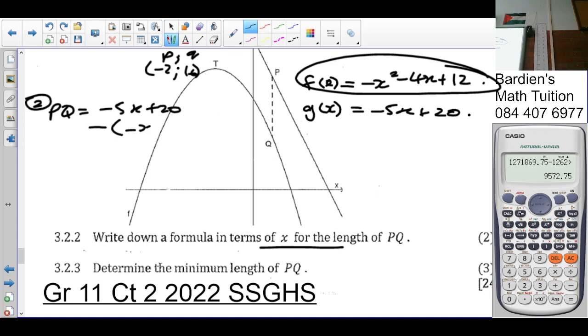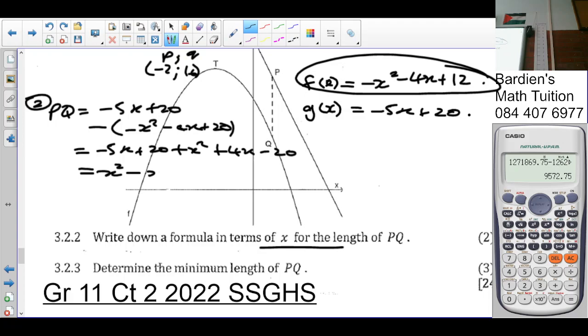Minus negative x squared minus 4x plus 20. So that gives us negative 5x plus 20 plus x squared plus 4x minus 20. That gives me x squared minus x, and that cancels. Okay, is that correct? I think I made a mistake.